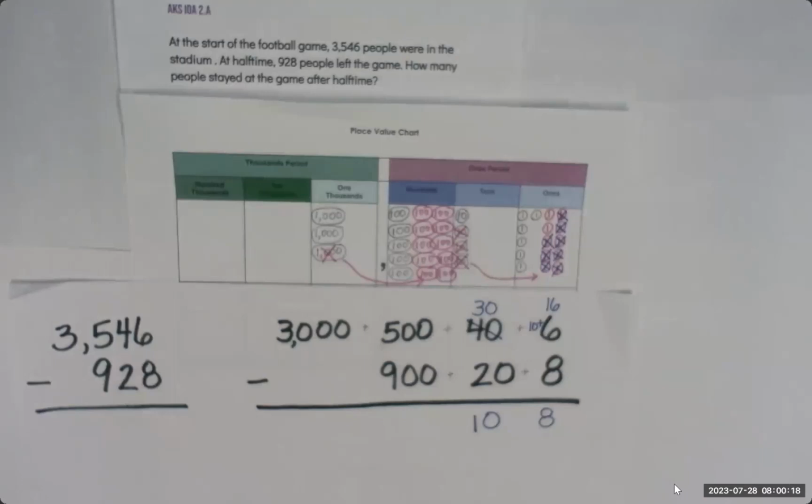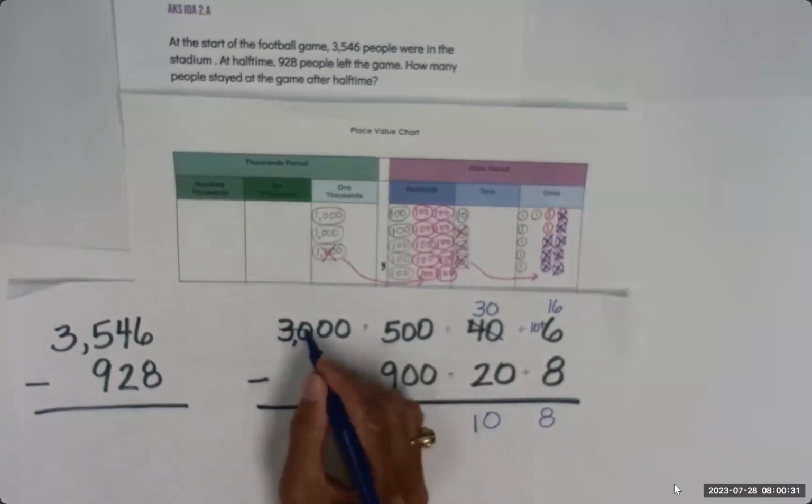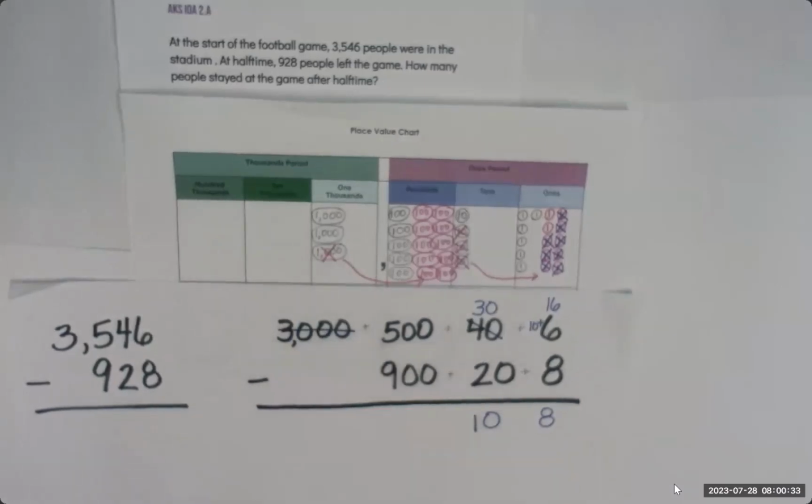Now, I have in the hundreds place here 15 hundreds or 1,500. I want to show that same regrouping down here. So we're going to take 1,000.